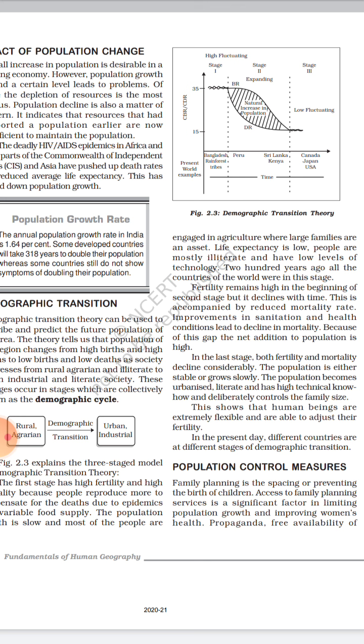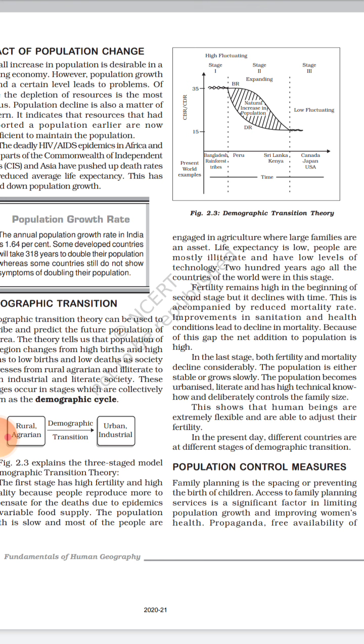The first stage has a high fertility rate and high mortality rate. Birth rate and death rate are both high in this first stage, which can be said to be due to epidemics and variable food supply shortage.